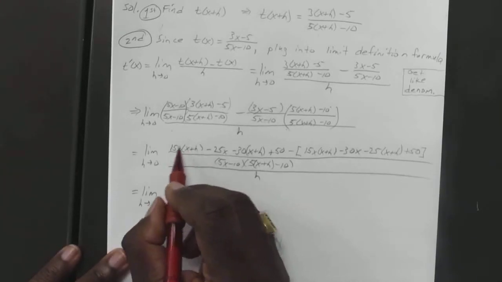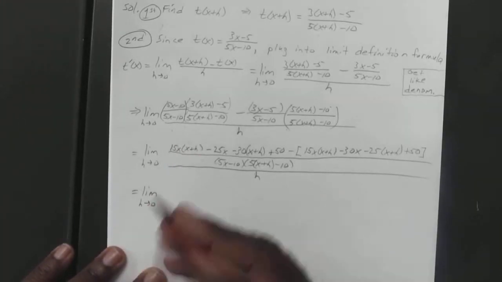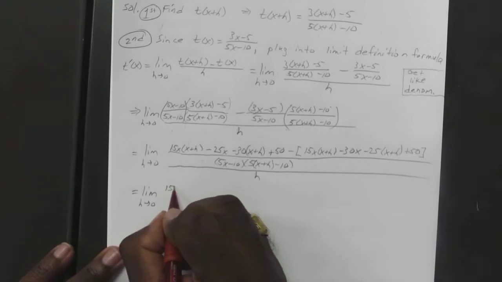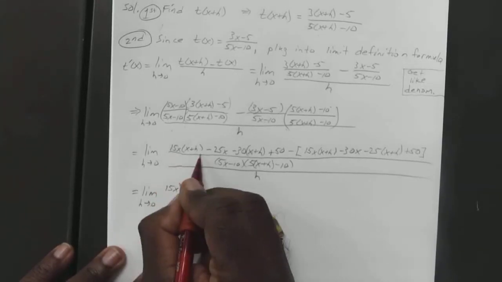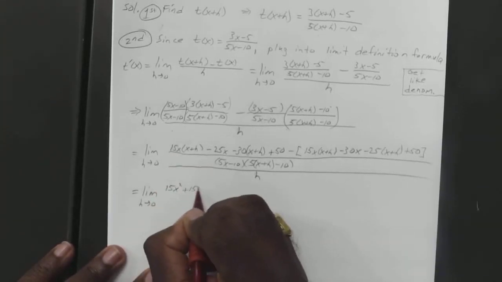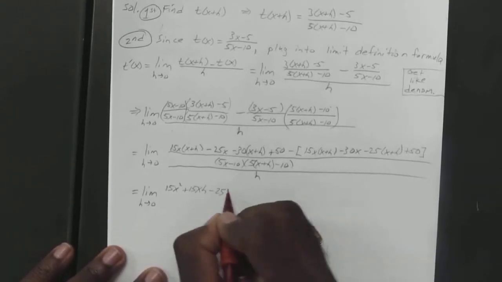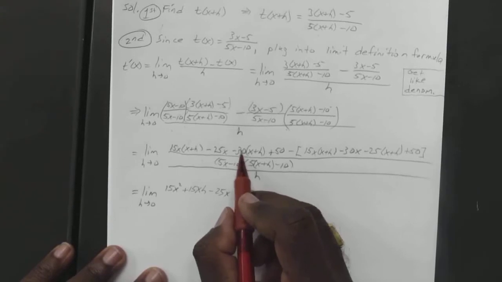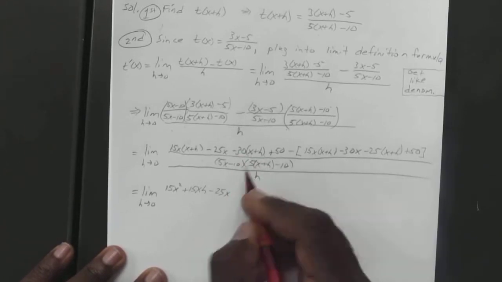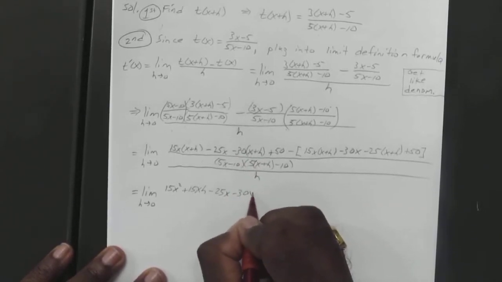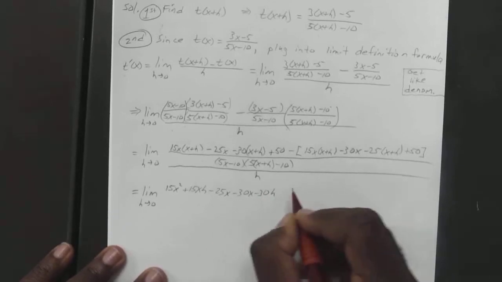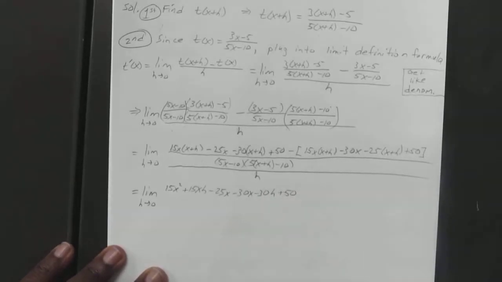Okay, so if we distribute our 15x, we have 15x squared plus 15xh minus 25x minus 30x minus 30h plus 50.